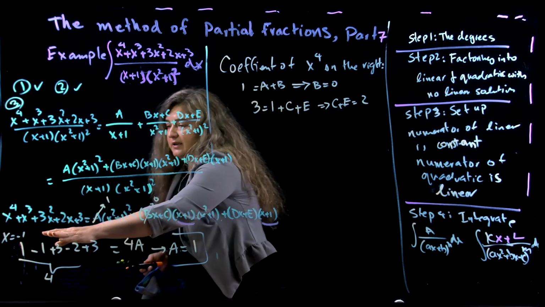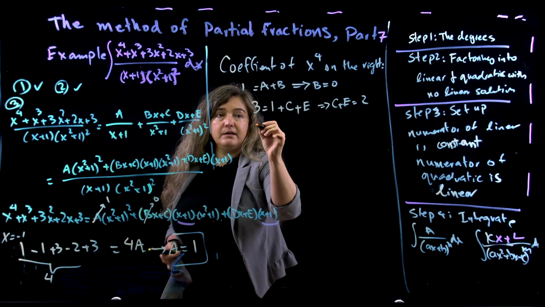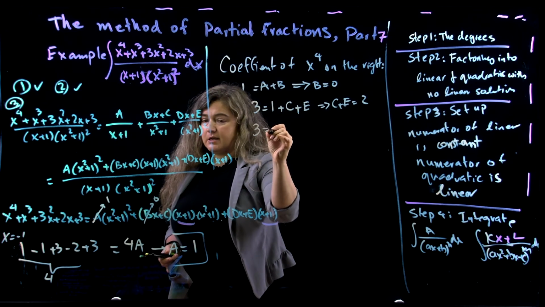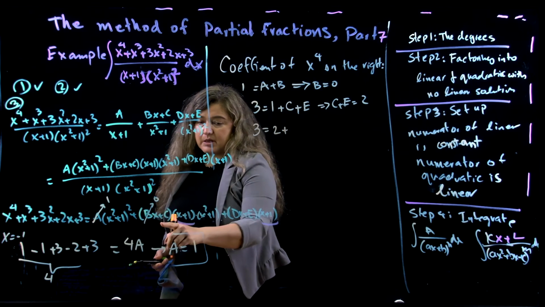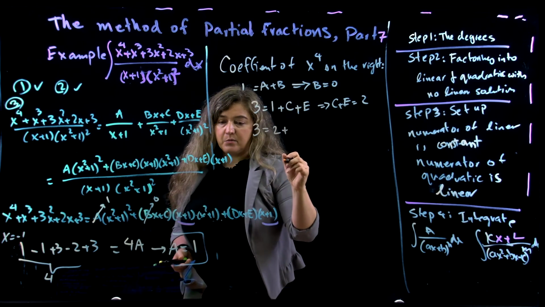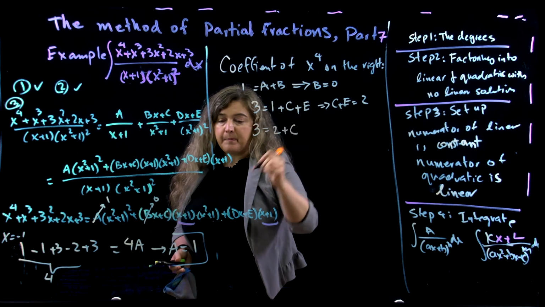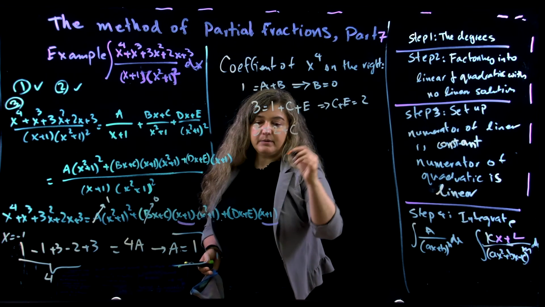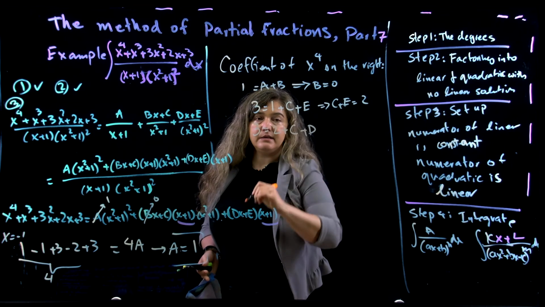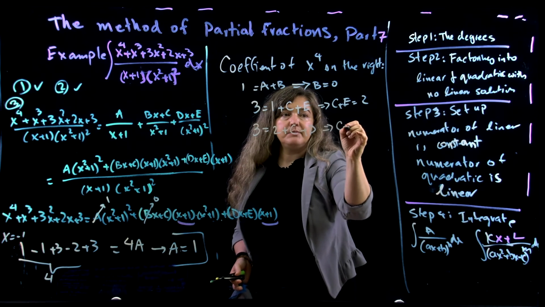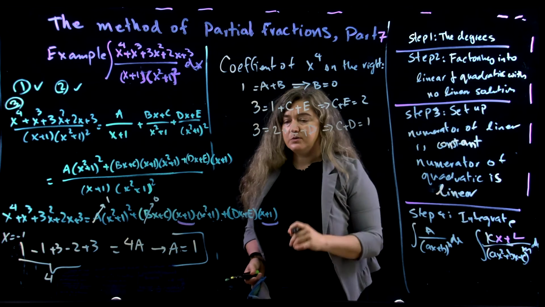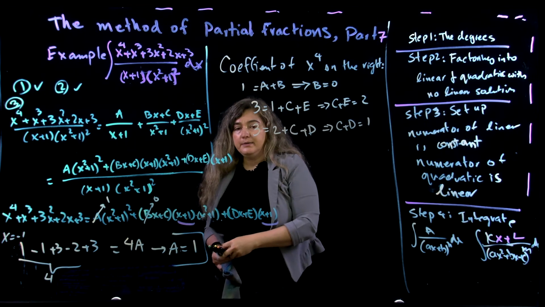So on the left hand side is 3. So again, 3 is equal to 2 over there, plus in here we get a c, and plus in here we get a d. So this gives me that c plus d is equal to 1.